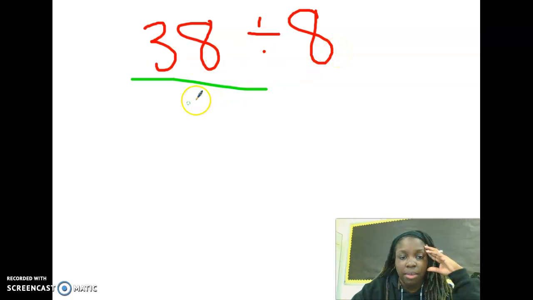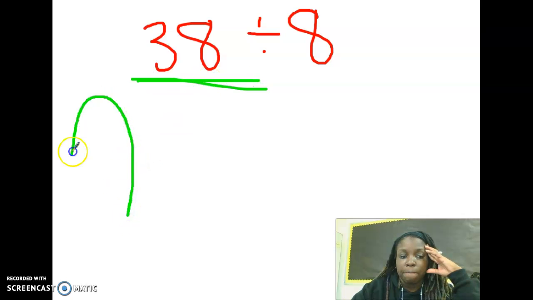So how many friends is that? I only have 38 chocolate bars. Let's see how many each friend will get. I'm going to make sure there's 8 in the group because there's 8 chocolate bars per friend.